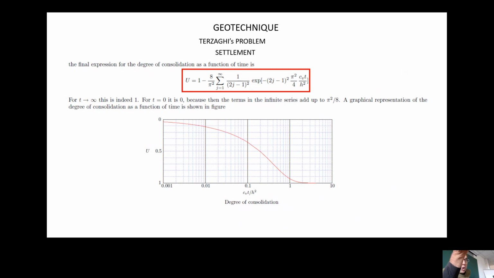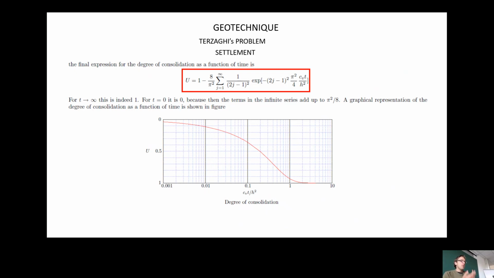So we can, in other words, say that the presence of the consolidation in a soil allows to dissipate water, and we have the degree of consolidation that increases during the time. So we can say that the history of a soil can be defined by the degree of consolidation.